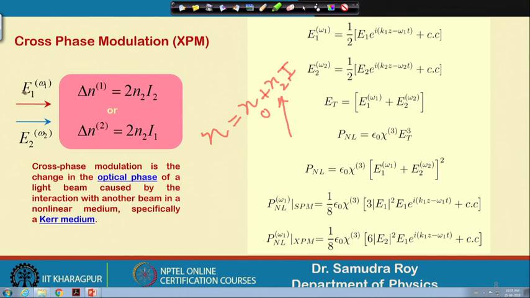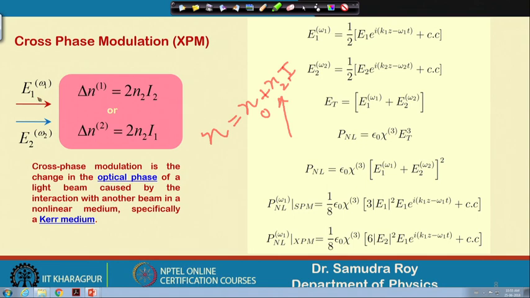Here the change of refractive index is shown as 2 n2 I2. So, the refractive index will change for the fundamental wave; the suffix 1 in n1 suggests that it is for the E1 wave.